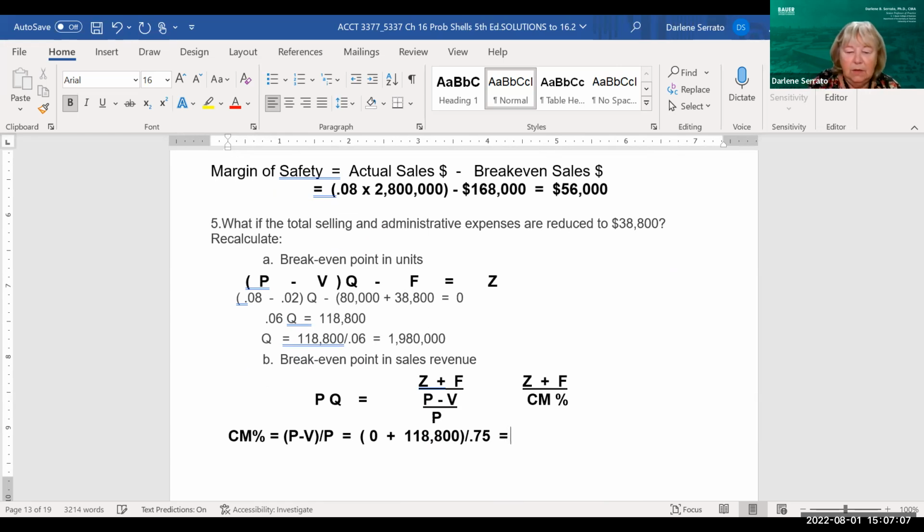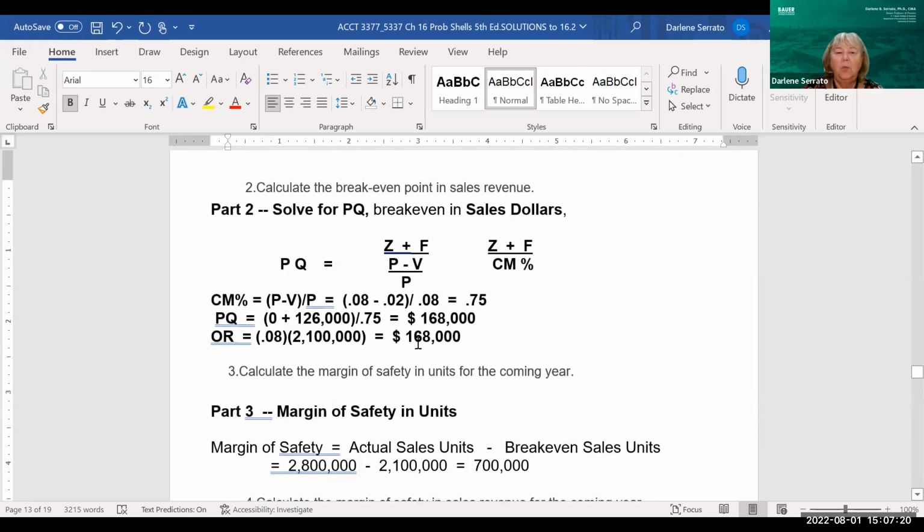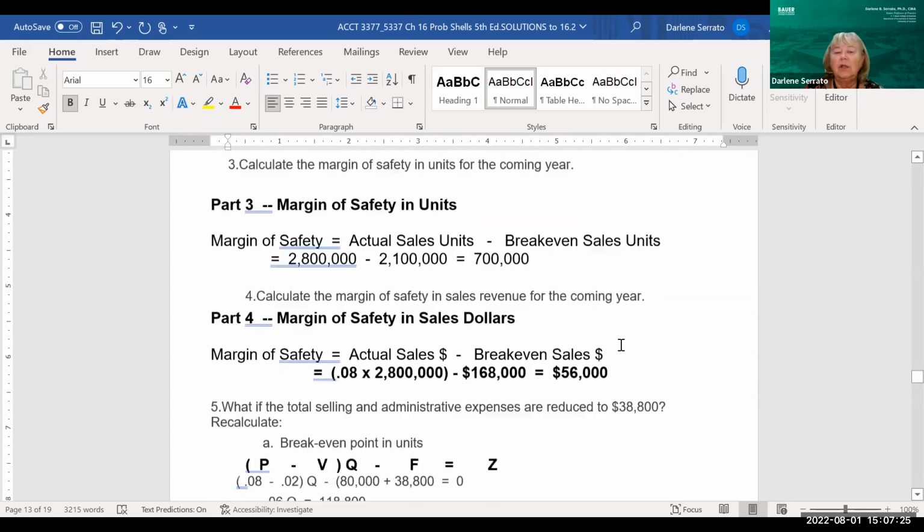And that's going to give you 158,400. Okay. So break even goes down in sales dollars because fixed cost went down.